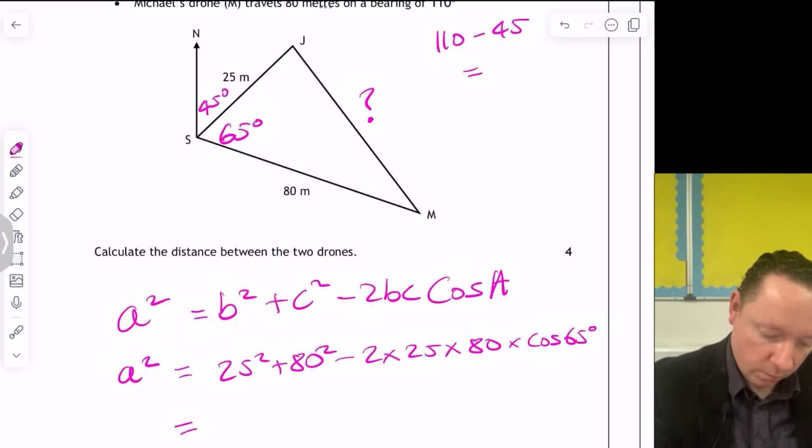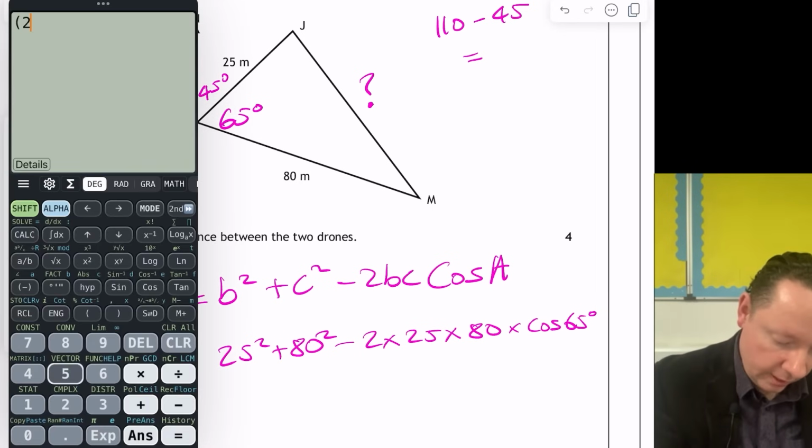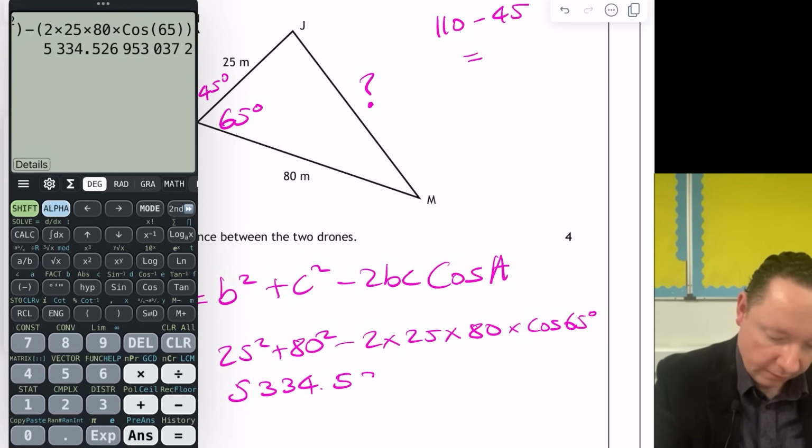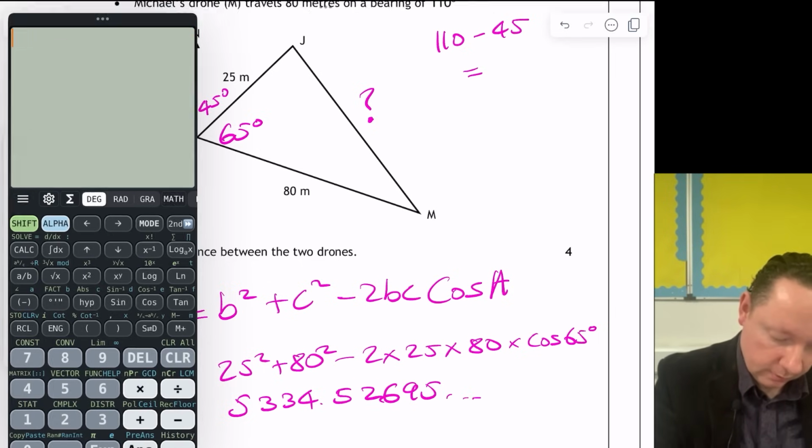We can just do that in one go. 25 squared plus 80 squared minus 2 times 25 times 80 times cos 65 is 5334.52695 and a bunch of other numbers, and then I'm going to square root that.